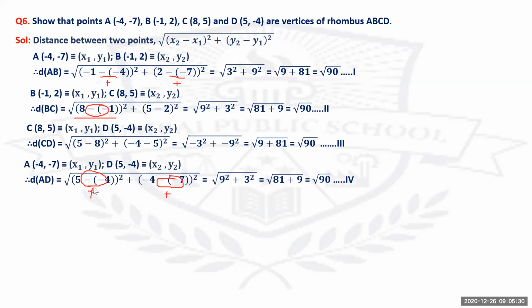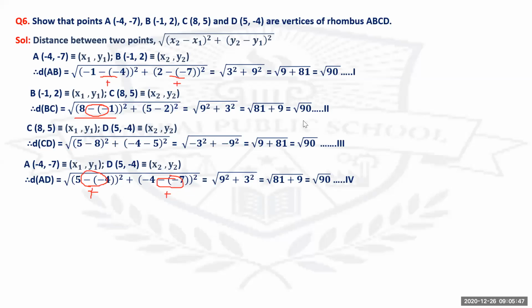So that is 5 plus 4, that is 9 square, and -4 plus 7, that is 3 square. So you'll get root 81 plus 9, that is equal to root 90. This is your fourth equation.